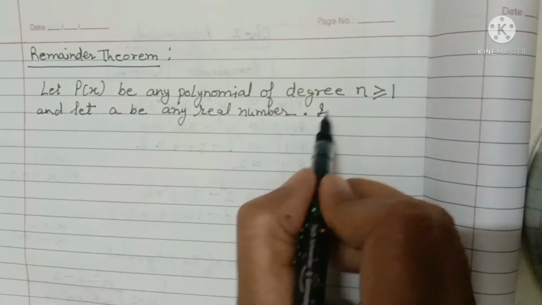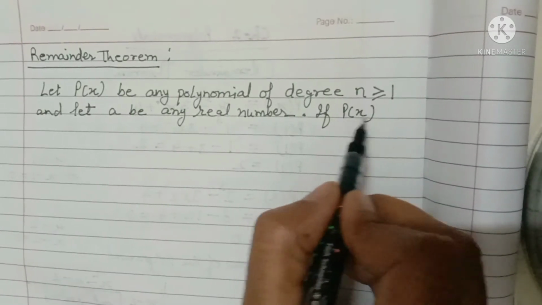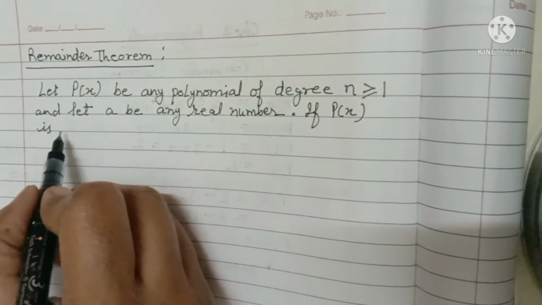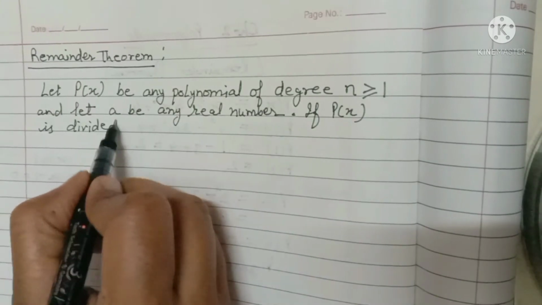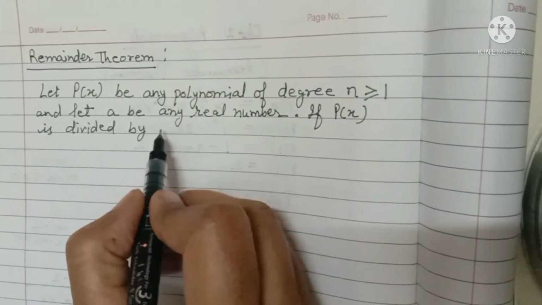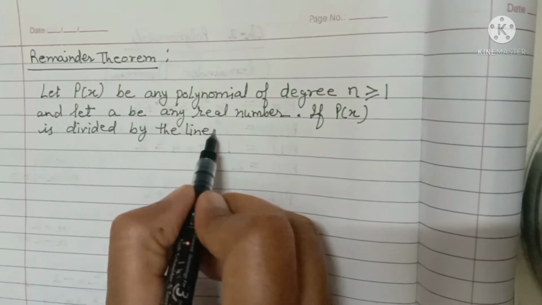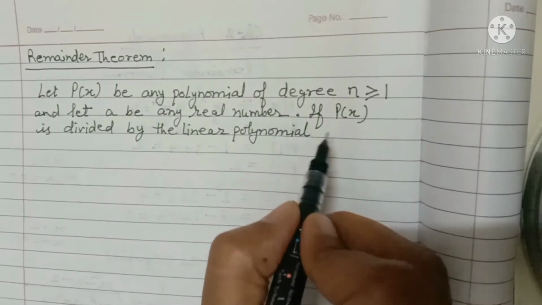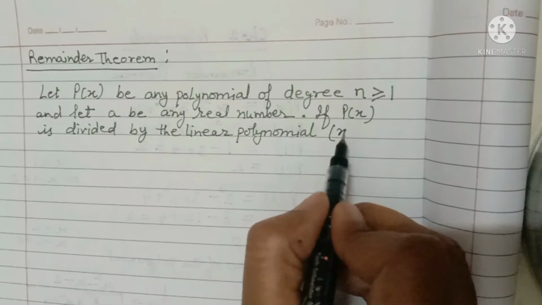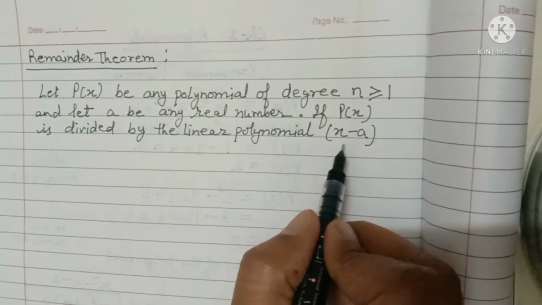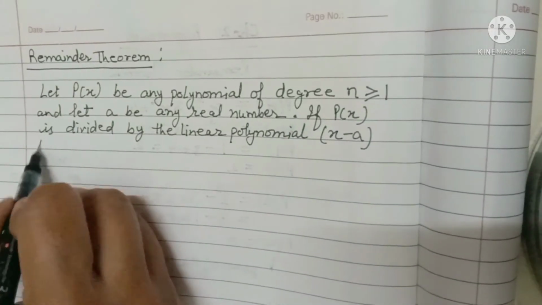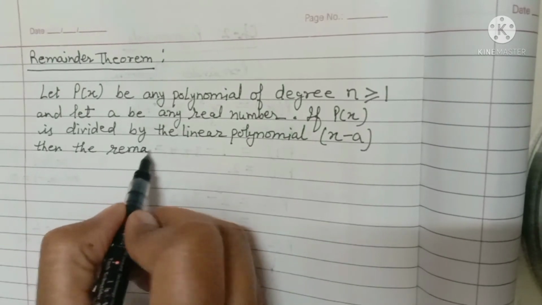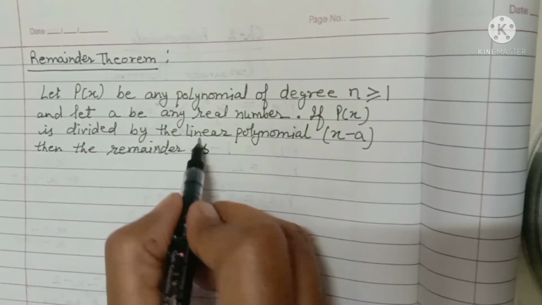If p(x), the polynomial in x, is divided by the linear polynomial x minus a, then the remainder is p(a).